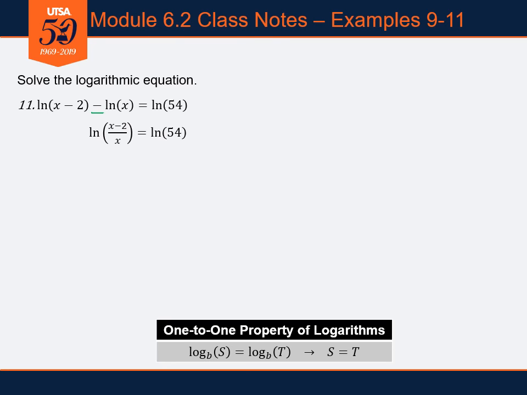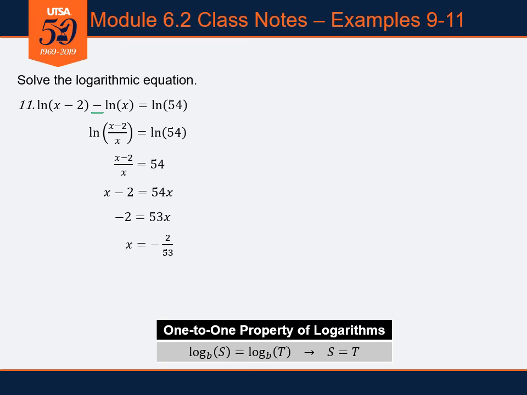Now we can strip away the logarithms and say we must have x minus 2 over x equal to 54. And we don't like fractions. That's okay. Get rid of the fractions. Multiply both sides by x, so that you've got x minus 2 on the left-hand side equals 54x. Now subtract x and divide by 53, and you get x equals negative 2 over 53.